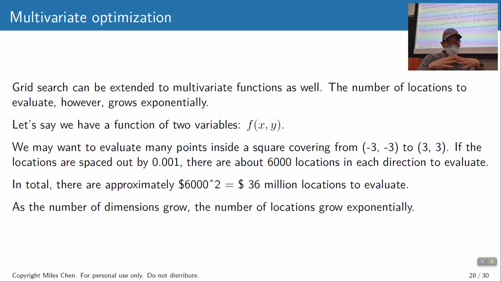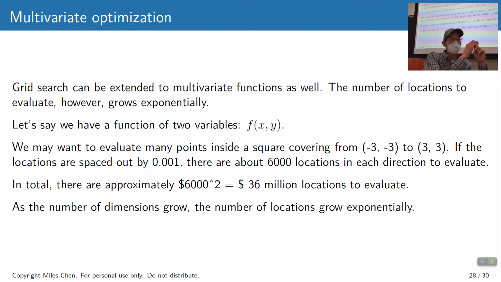Let's say you wanted to evaluate x from -3 to 3, and y from -3 to 3. If all of the locations are spaced out by 0.001, you have basically 6,000 values to evaluate in each direction, so your entire grid will have 36 million locations to evaluate.